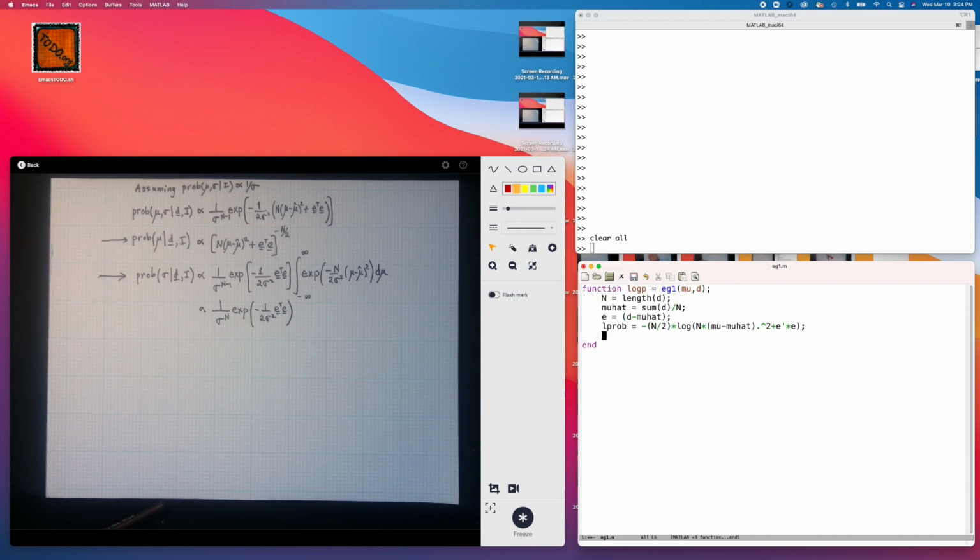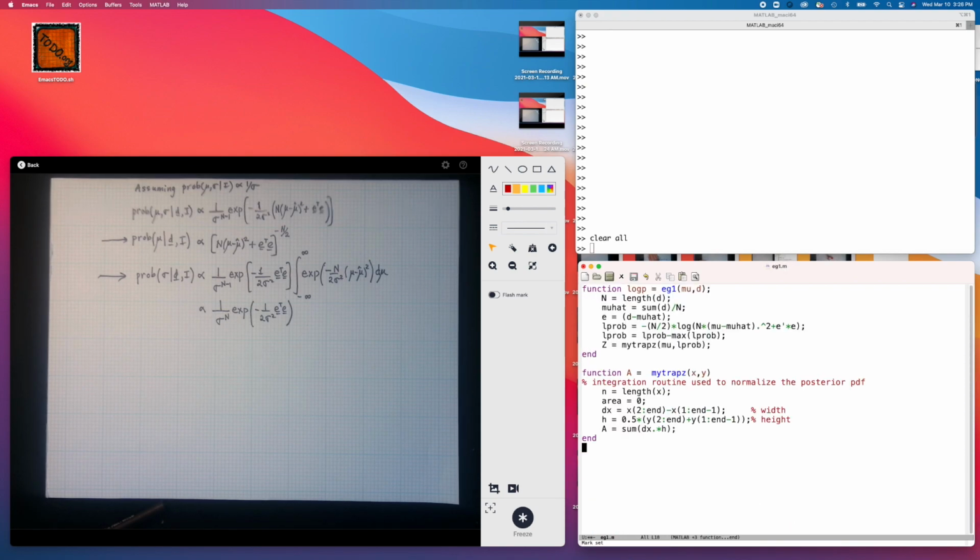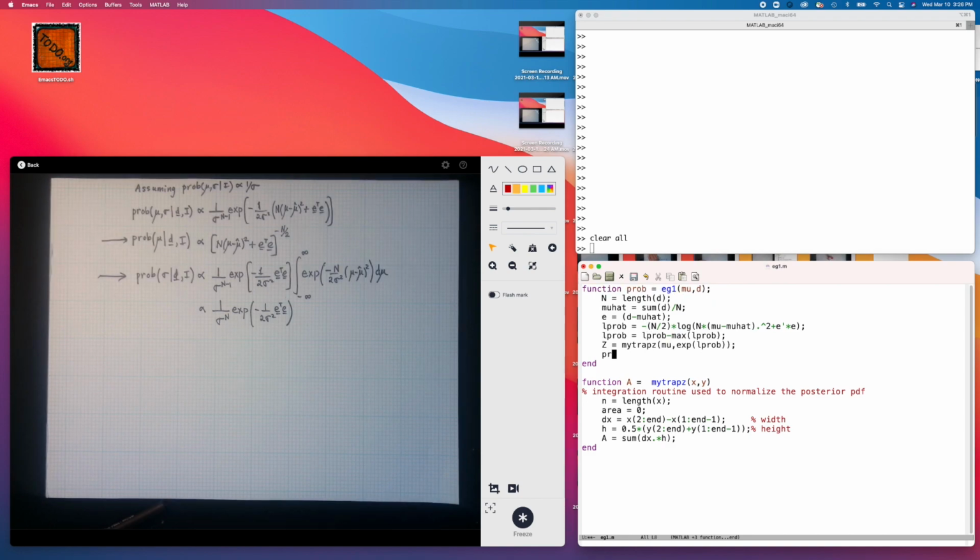And then I need to normalize. All right, let's go through the code. So first we bring in a set of mu values.